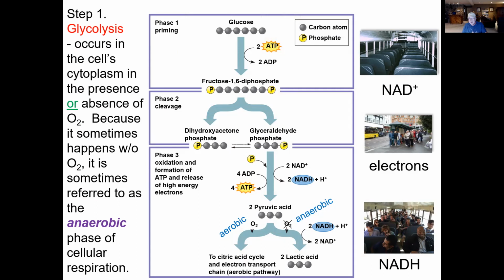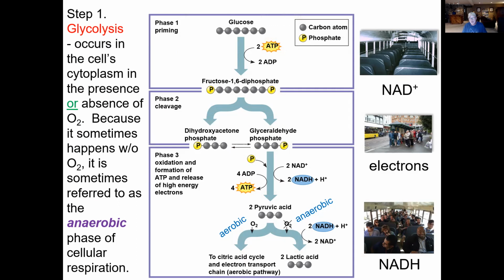We go through all 3 steps. If we have no oxygen, we call that anaerobic, and we can only proceed through glycolysis. We can't go beyond that. We can't go into the citric acid cycle or the electron transport chain. So let's lay out that rule right now. Aerobic means go through all 3 steps in the presence of oxygen.